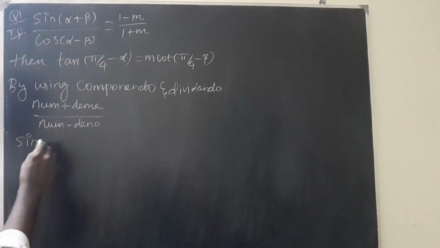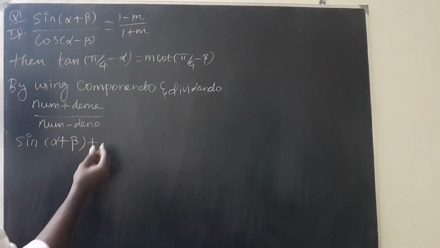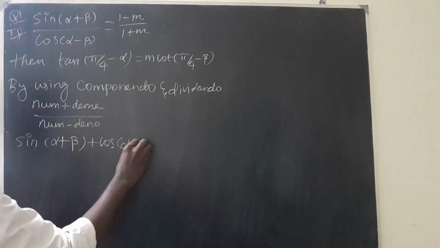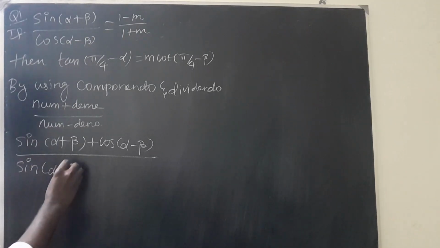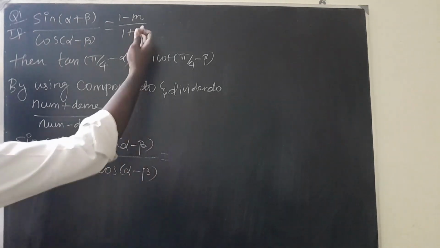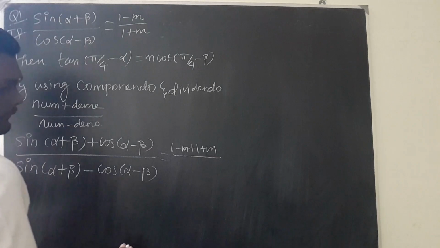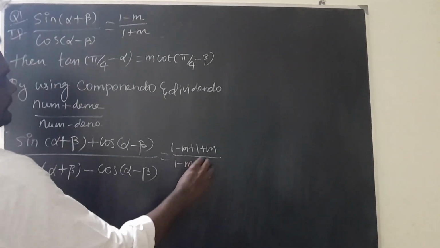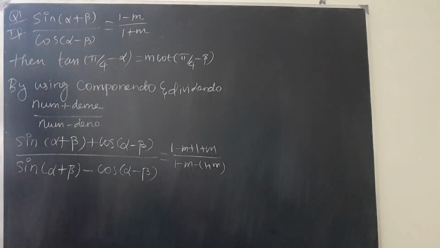Numerator sin(alpha plus beta) plus denominator cos(alpha minus beta) divided by numerator minus denominator, equal to the same on the other side: 1 minus m plus 1 plus m divided by 1 plus m.